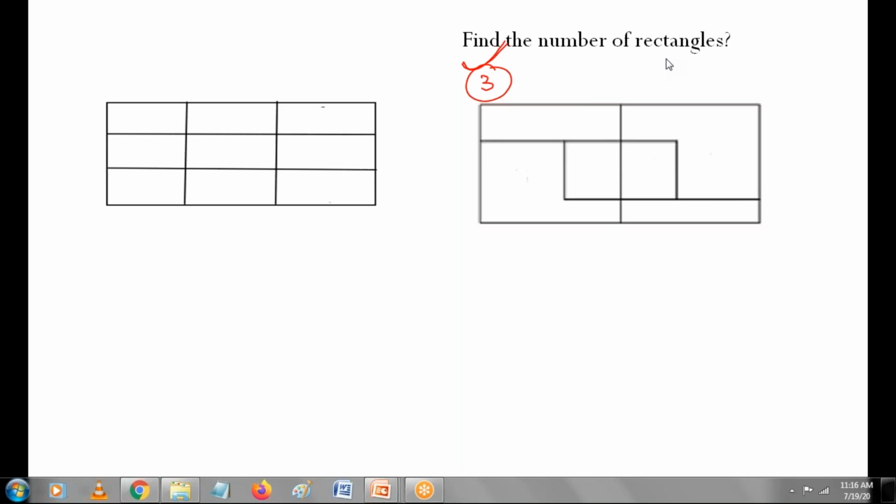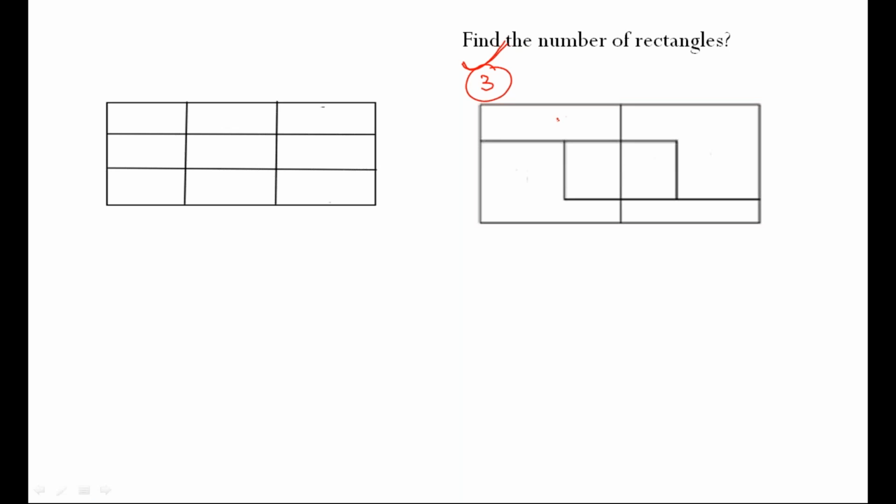Let's try to mention the areas like A, B, C, D, E, and this is F. A alone is a rectangle. C and D, if it is a square, we should also consider it as a rectangle. Squares are also generally added to rectangles. By default, squares are included in rectangles.